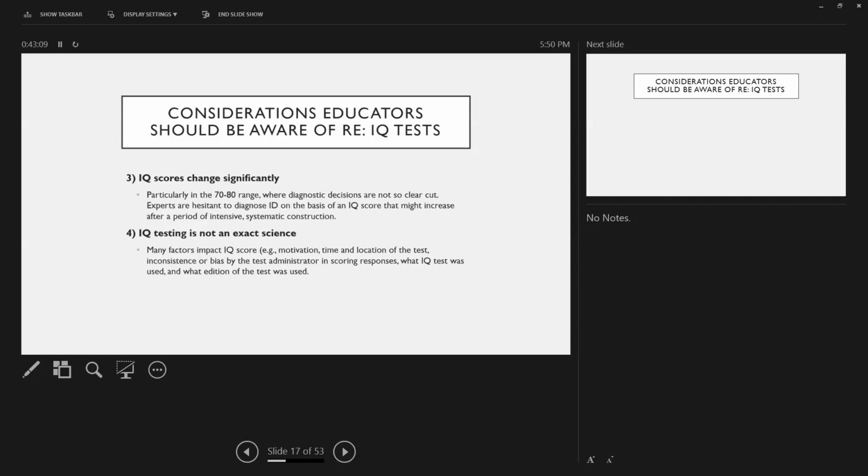It's not just one's level of intelligence that impacts one's IQ score. And I mentioned some of these already: motivation, time and location of the test. These tests are timed. For many students, knowing that you are working under a time constraint can create anxiety, and that anxiety can impact your performance on the test.